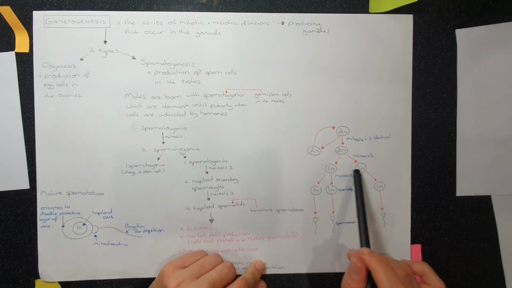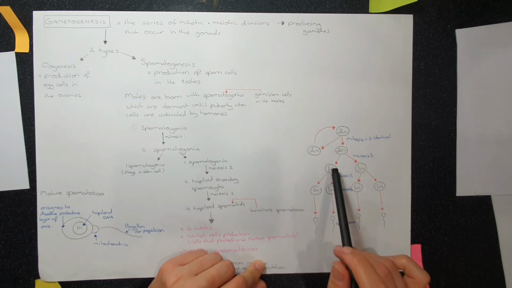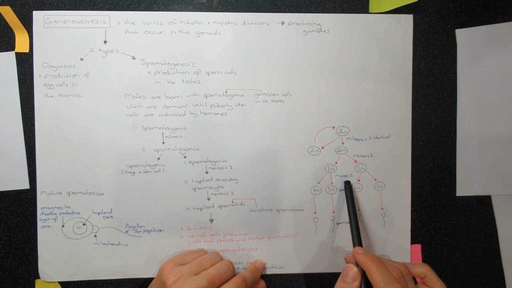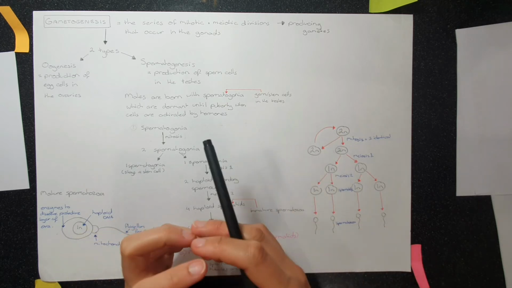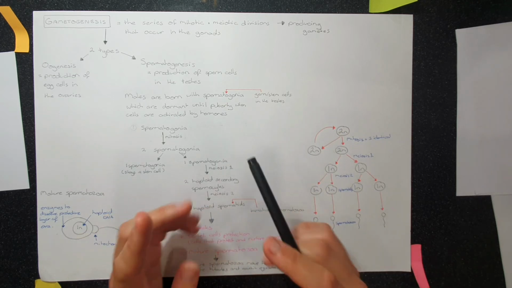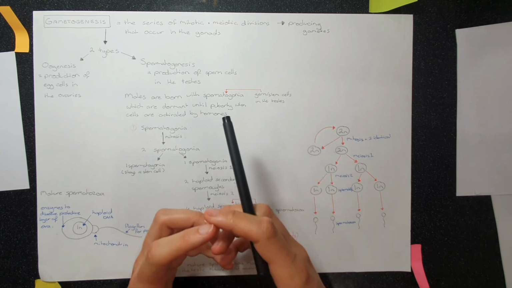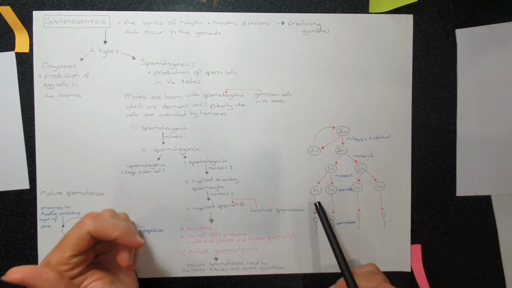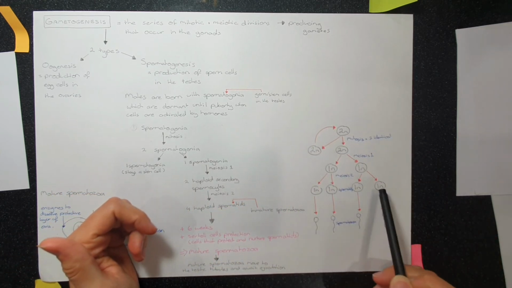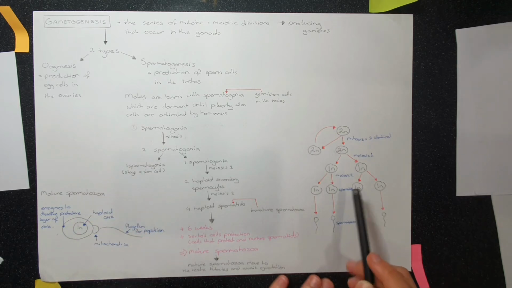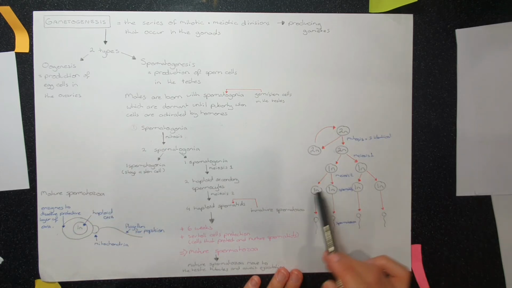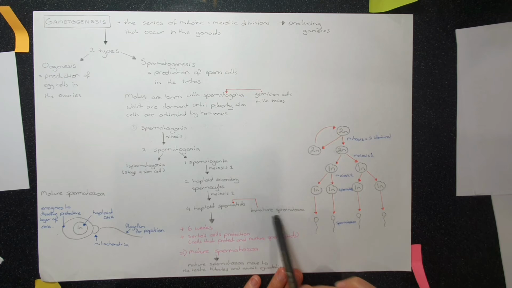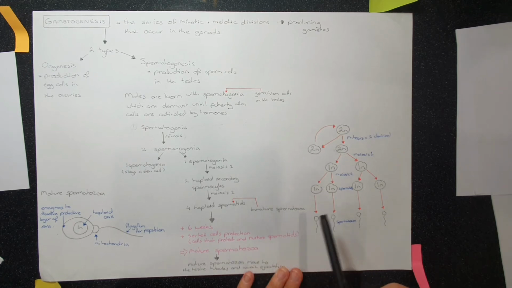After these cells have gone through meiosis 1, they then finish off the meiosis process with meiosis 2, where those haploid cells that have got DNA replicated are then pulled apart again to create four spermatid cells. Now, spermatid is just another way of saying immature spermatozoa, and spermatozoa is a fancier way of saying a sperm cell.